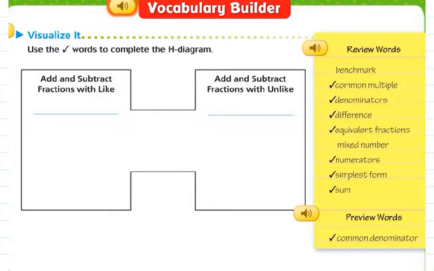So add and subtract fractions with like denominators. Next, add and subtract fractions with unlike denominators.